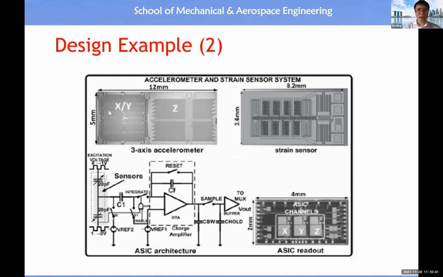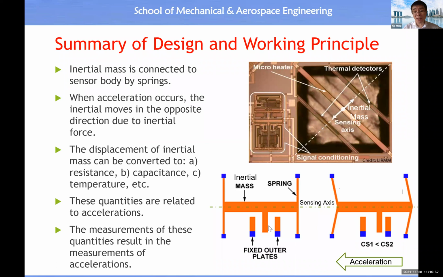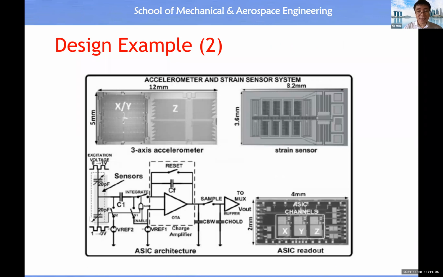Then these two allow us to measure the acceleration along the X and Y axes. Then the measurement circuit, this gives you some idea. Usually you have a pair of capacitors, like here you have a pair. Then for this pair of capacitors, you can have this type of measurement circuit to amplify the signal.